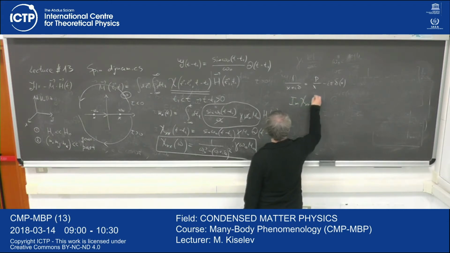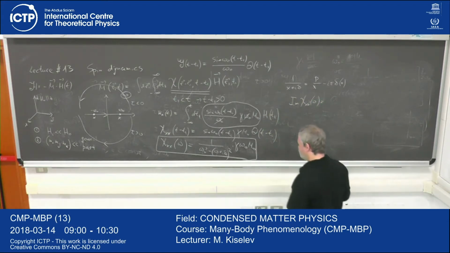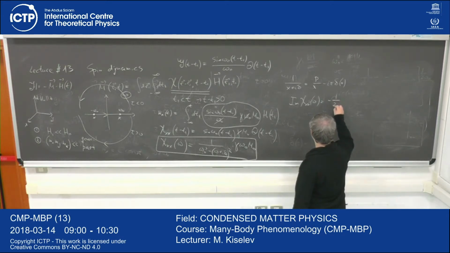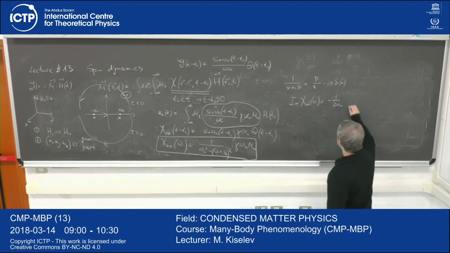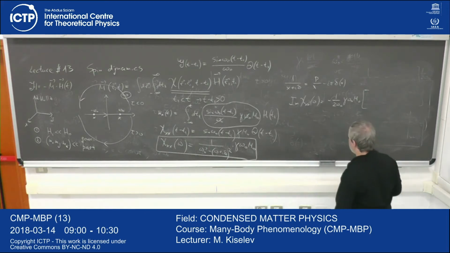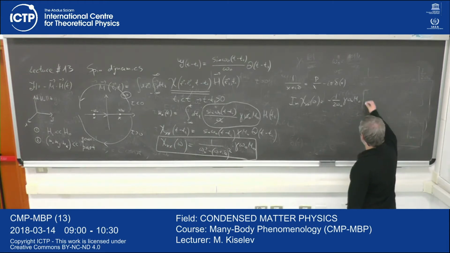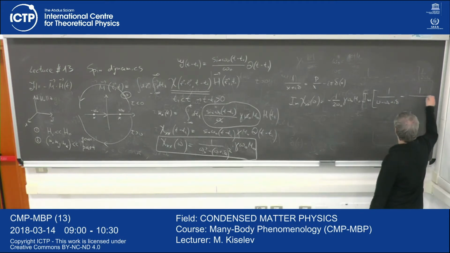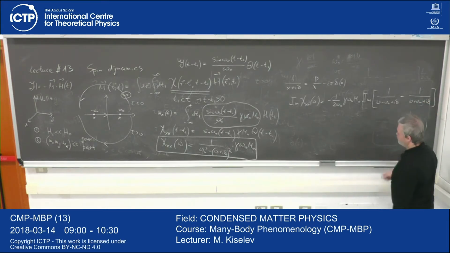Therefore, the imaginary part of chi xx(omega) is equal to, again, I will write it as minus 1 over 2 omega naught times gamma omega naught m naught, and I have to take the imaginary part of 1 over (omega minus omega naught plus i delta) minus 1 over (omega plus omega naught plus i delta).